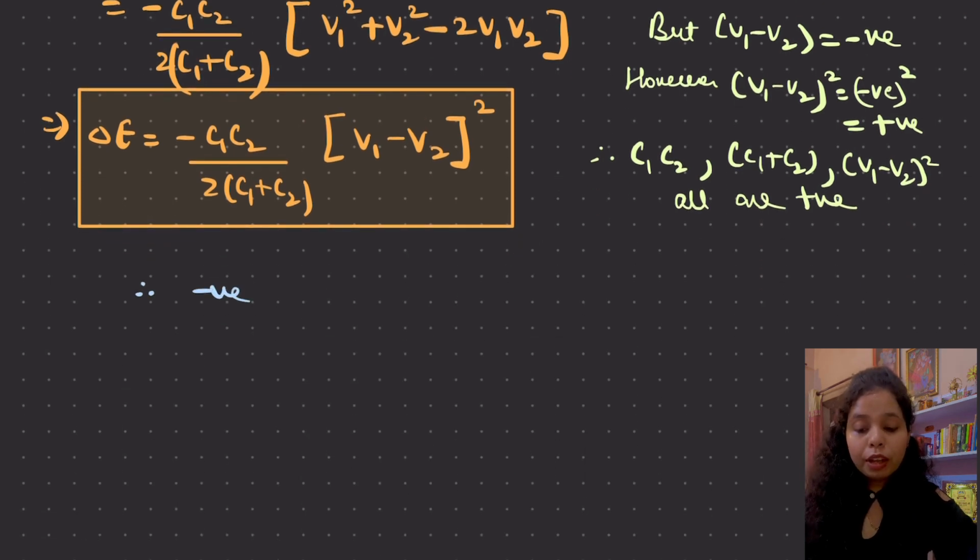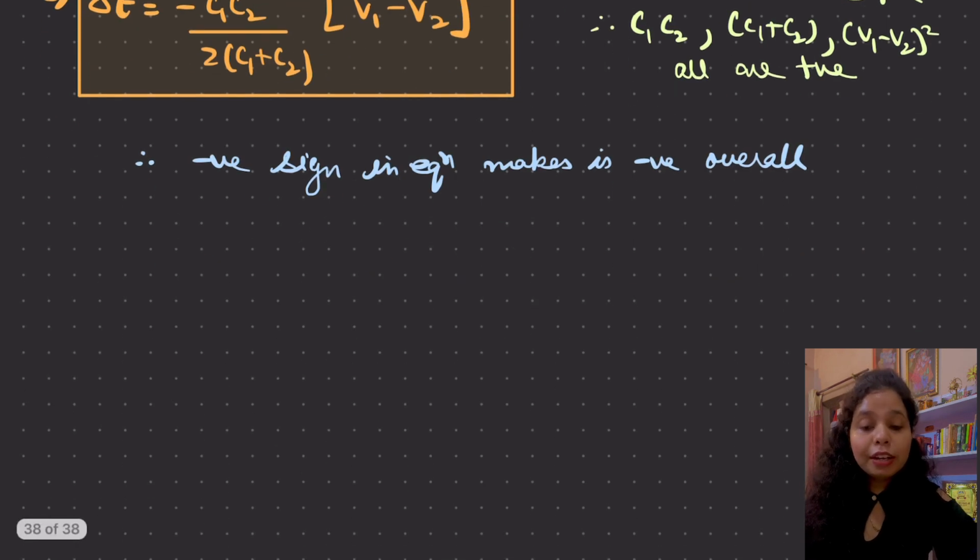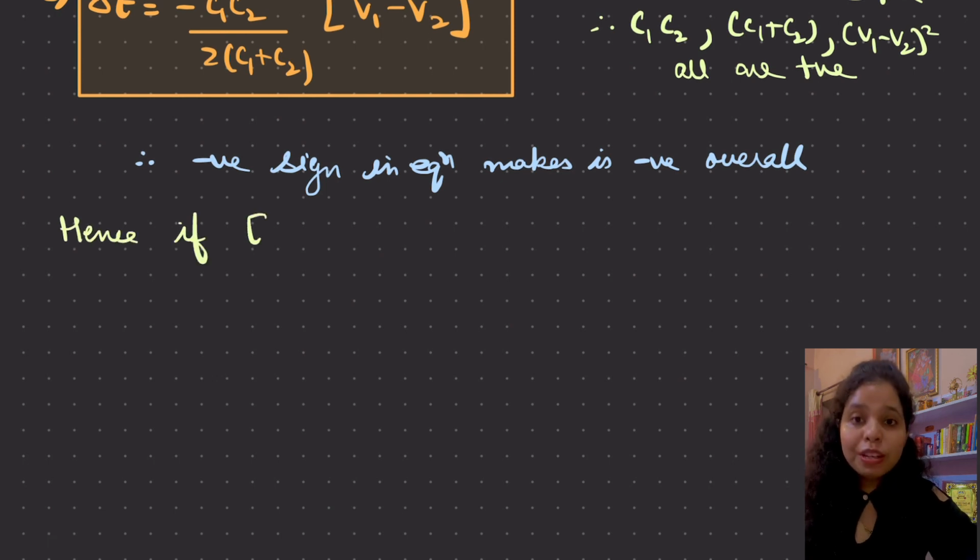Therefore negative sign multiplied by the above equation. So the negative sign in the equation makes the positive negative overall. So the equation is overall turning out to be negative.